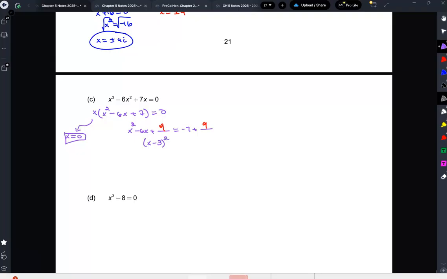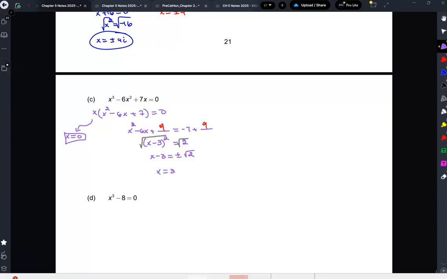X minus 3 squared is equal to 2. Honestly, sometimes, not sometimes, I actually prefer completing the square to quadratic formula. It's much cleaner. You're not doing 4 times a times b. Yeah. Okay, so take a square root. X minus 3 is plus or minus root 2.